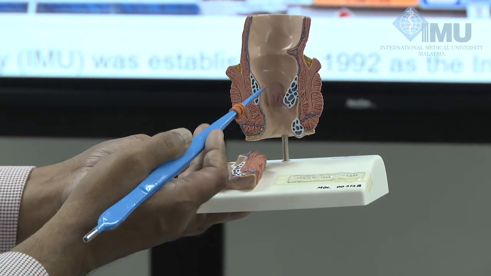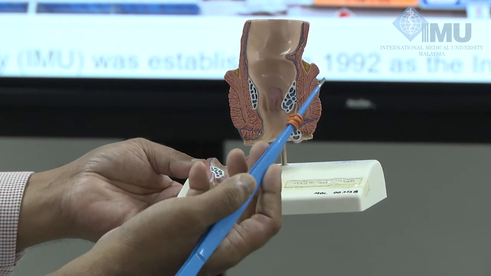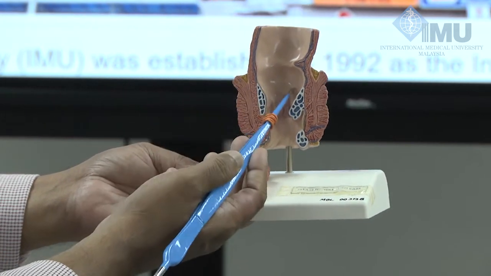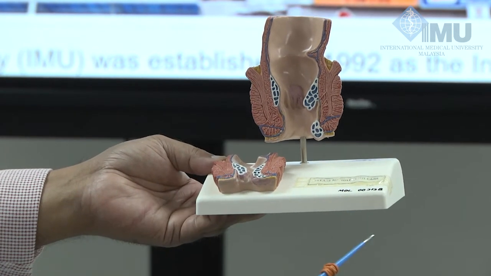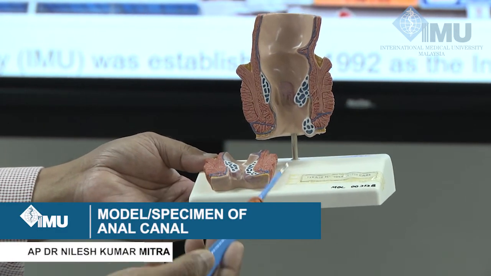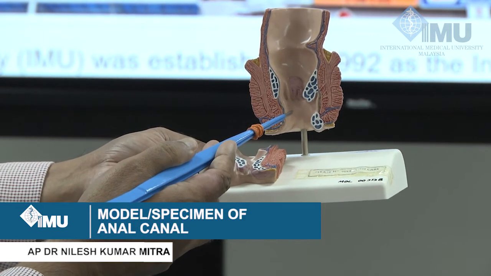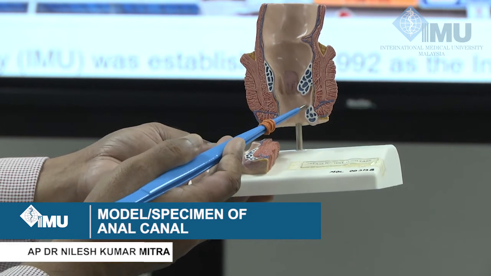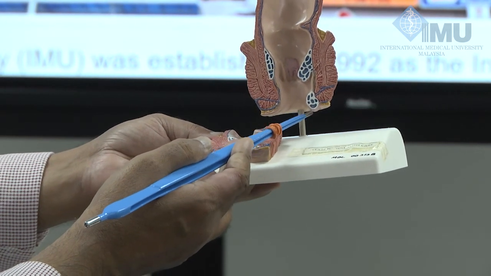The part above the pectinate line has autonomic innervation and simple columnar epithelium. Below the pectinate line there are somatic nerves, stratified squamous epithelium, and ectodermal development, and that part again is divided by the white line of Hilton into an upper part and a lower part, and the lower part is completely skin covered area.